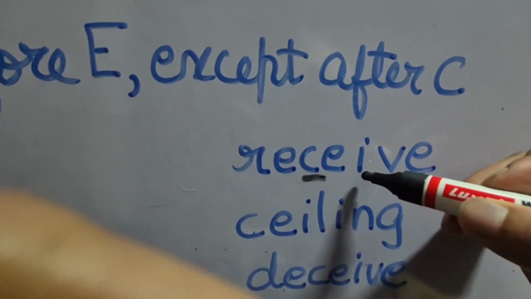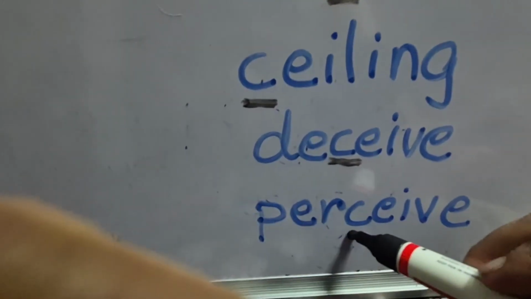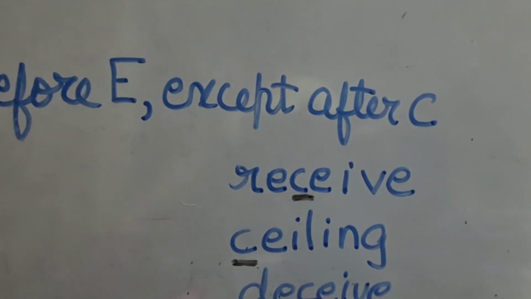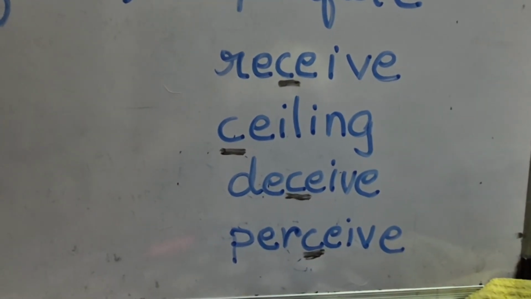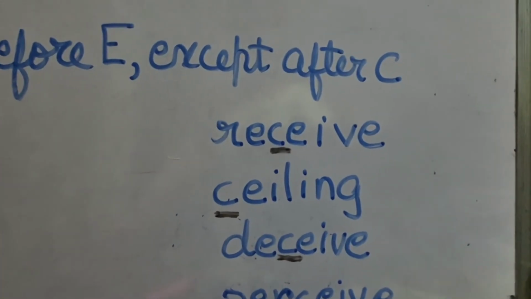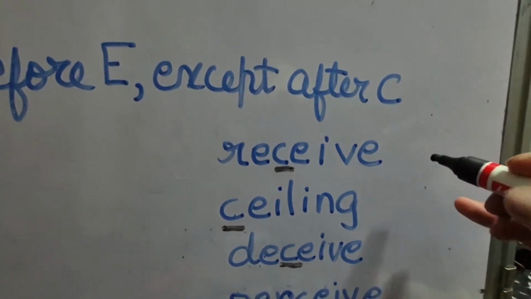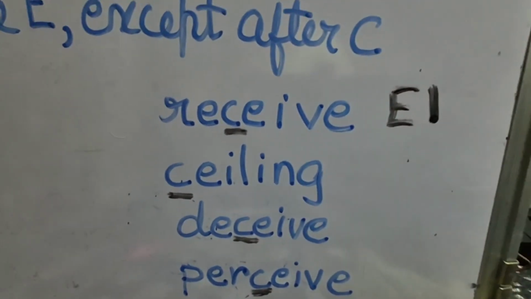E will come first, I later. Okay. So the words are receive, ceiling, deceive, perceive. Can you see the pattern? The letter C changes IE to EI.